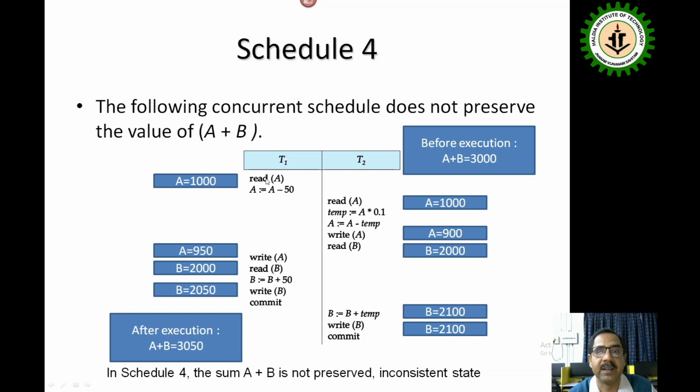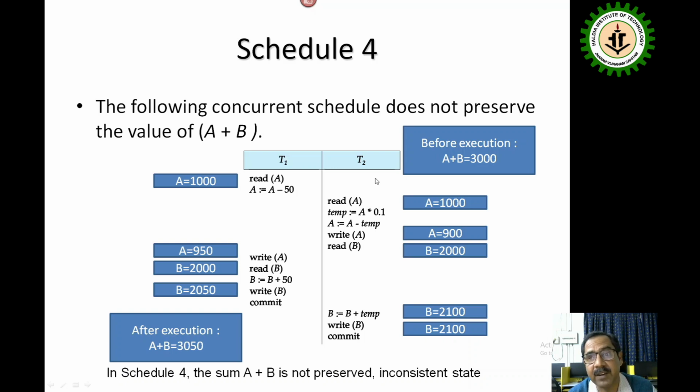So when T1 reads the data item A, the balance of account holder A, that is the initial value 1000, then in the computational step A equals A minus 50. See, this value is not changed on the database. This is in the local buffer, that means RAM. So this change does not reflect on the database.